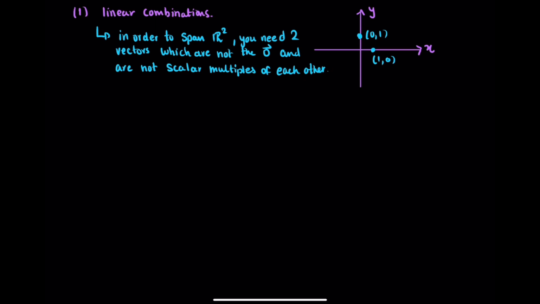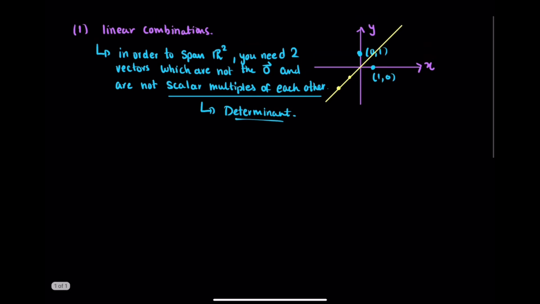And the way of finding out if two coordinates were scalar multiples of each other was the determinant, right? But I'm not going to go into that. Basically, that's the entire notion. So if, for example, let's say we had two different points here, and these two points were scalar multiples because they were on the same line, then these two vectors could only span this line.